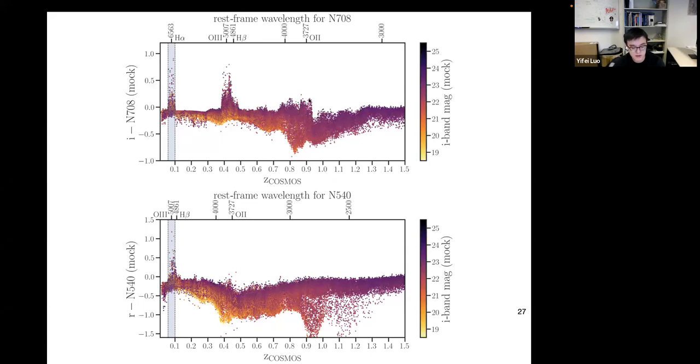Those are the O2 emitters, and all the way to redshift 1.5 and even higher redshift, which I will show in a minute. You can also see those features, the 4,000 angstrom break. So with those unique features at each different redshift range, we can measure the photometric redshifts for those galaxies with our Merian medium band filters N708 and N540.